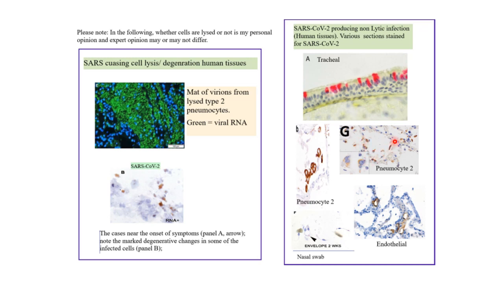Although here the architecture is destroyed, the cells look reasonably healthy. Here the cells look reasonably healthy. The endothelium is reasonably intact. And here the cells are degenerating. So the virus can have different outcomes depending on which cell is infected and under what circumstances.